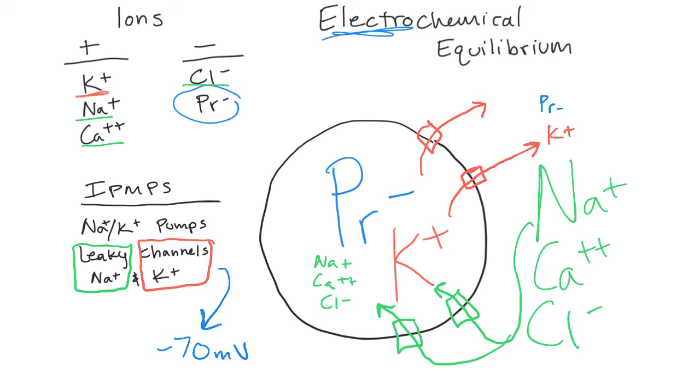Sorry, that's wrong. 90. All right, so far we've just talked about passive processes. But we also have these sodium-potassium pumps. And they are going to pump sodium and potassium inside and outside the cell.